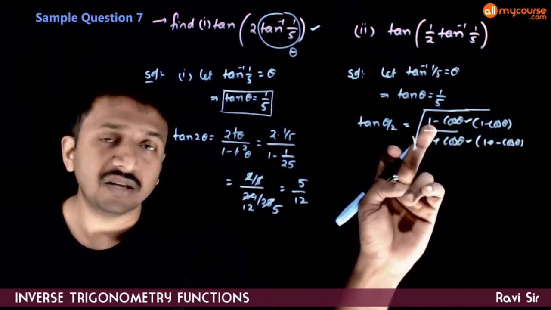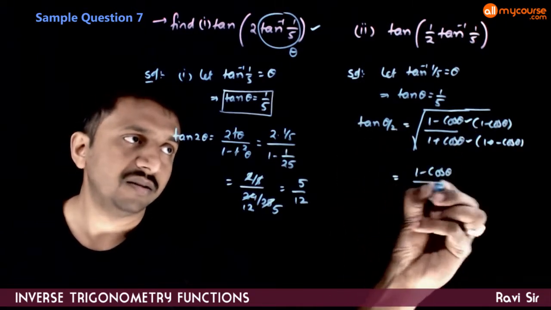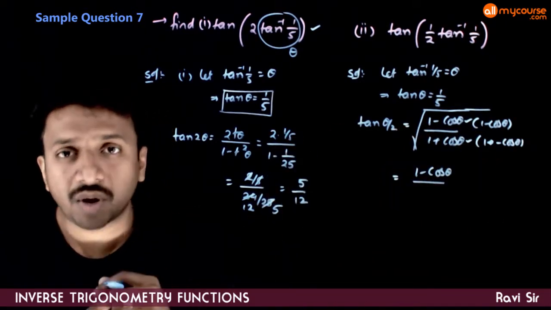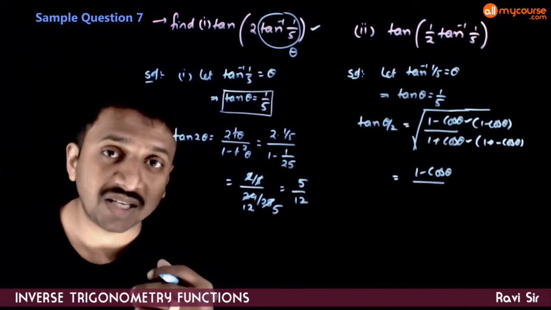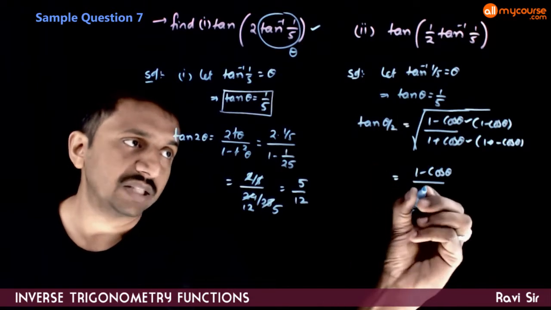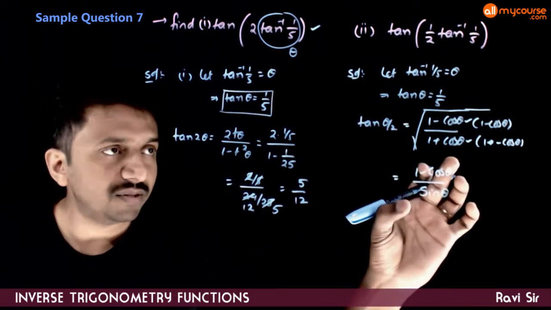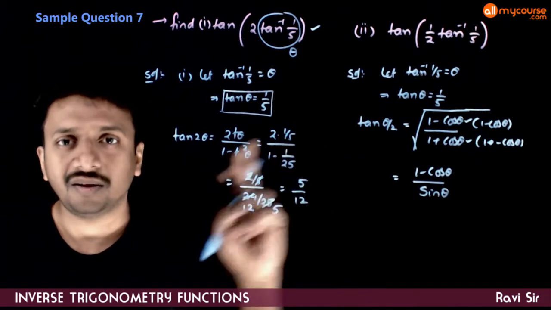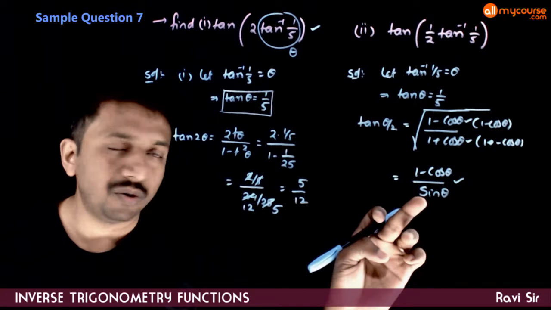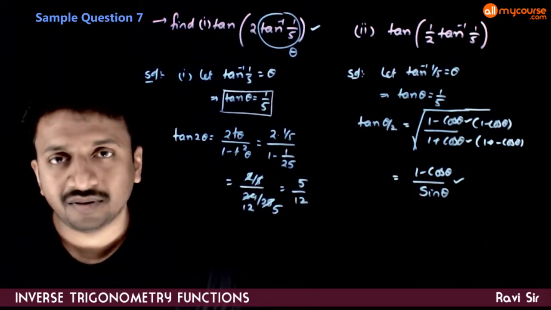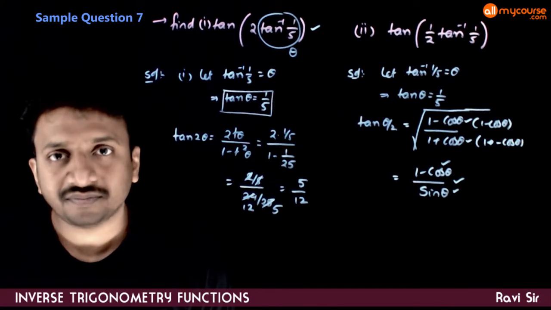This expression is the root of 1 minus cos theta whole square, which is 1 minus cos theta. 1 plus cos theta into 1 minus cos theta is 1 minus cos square theta, which is sin square theta. Root of sin square theta is sin theta. So you can use this formula also for tan theta by 2. This is an easier formula because you don't need to find the square root. But here you need cos theta and sin theta.